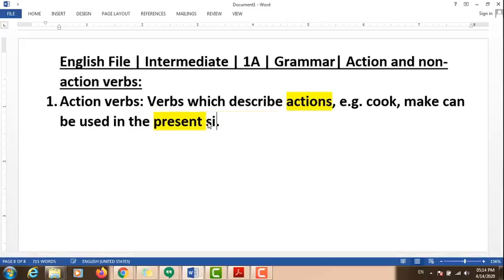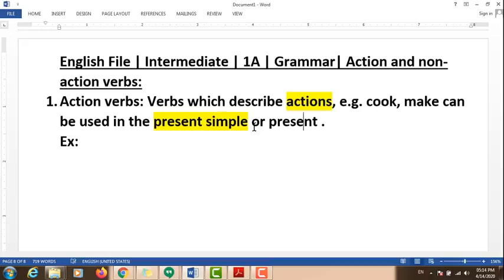Sorry for that, sorry. We use them in what? Present simple or simple present. Be very careful about this part. Okay, so for example, as well as you can use it for both, let's make it like this, or present continuous.